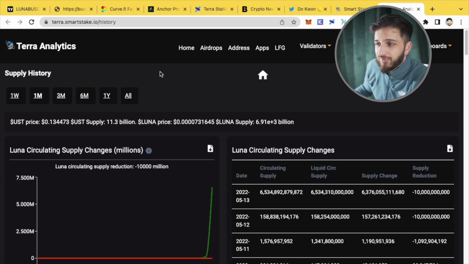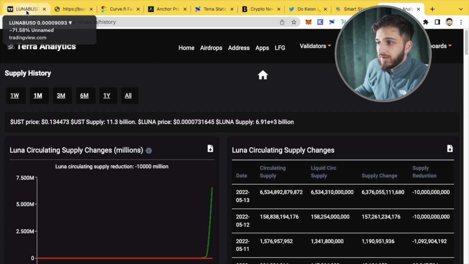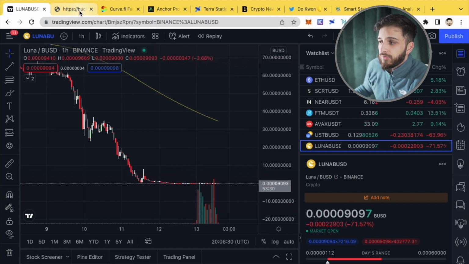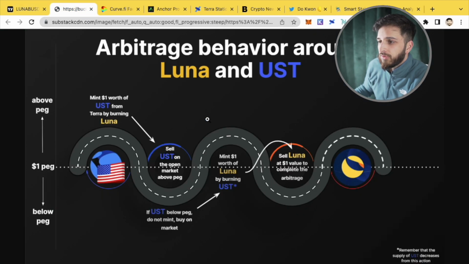Unfortunately, there just wasn't enough firepower to buy back the UST, and yeah, a death spiral occurred, and as a result, Luna is worthless. So yeah, that's just to summarize. We covered how Luna and UST work together.